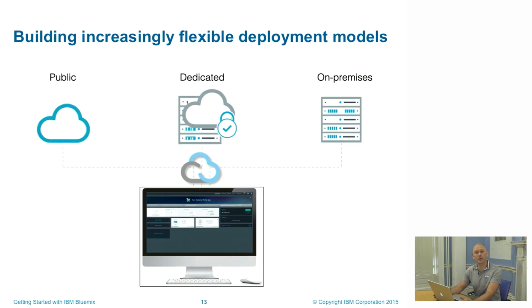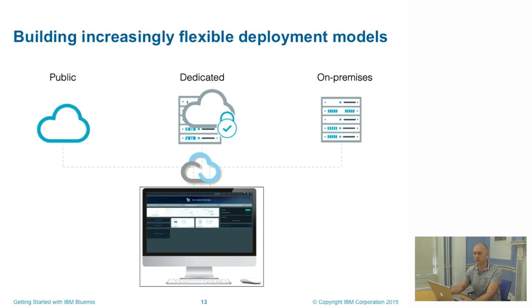As well as the public cloud offering for Bluemix, we're also introducing a dedicated, which gives you a dedicated set of physical hardware running in an IBM data center on SoftLayer. And that allows you to have full control of that hardware. So it's not going to be shared with anybody else. It also allows you to set up things like a virtual link to your own private network within your data center.